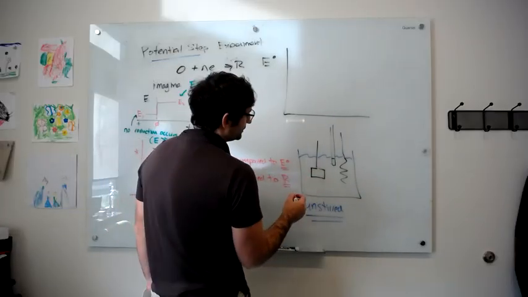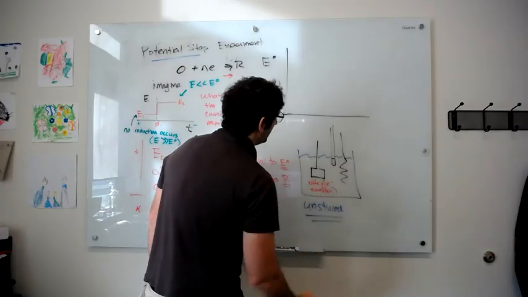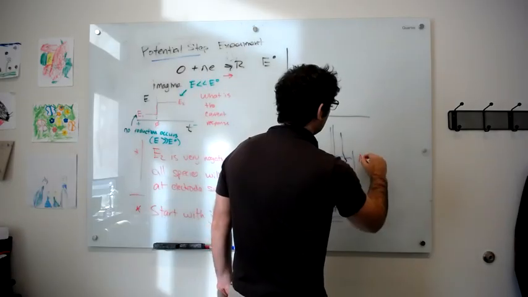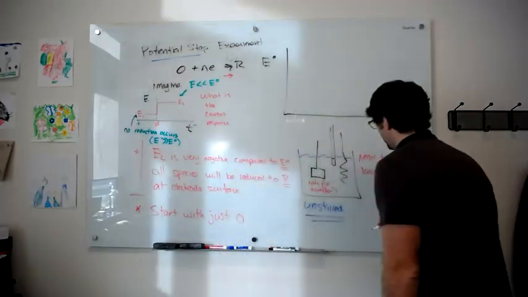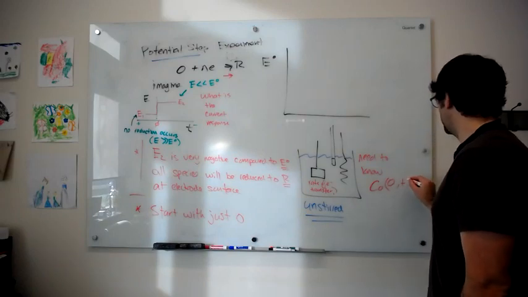Well, how do I calculate the rate of electron transfer? What I need to know is the concentration of O at the electrode surface, x equals 0, as a function of time.